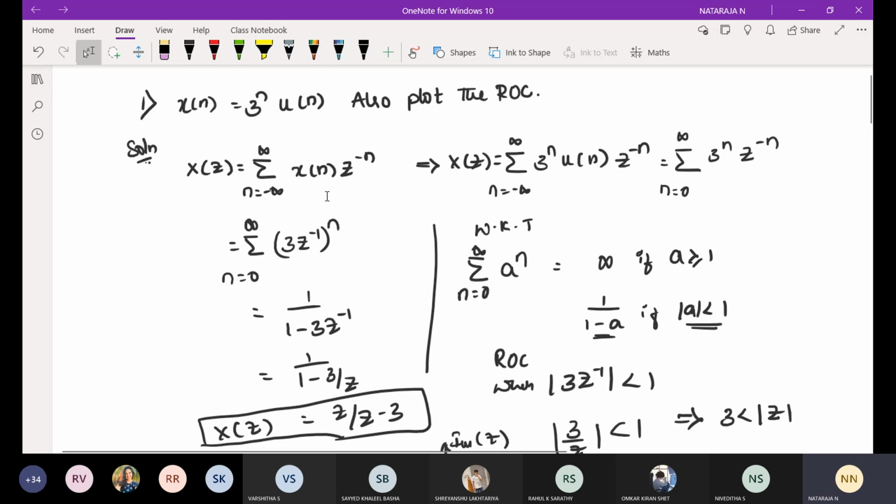Always you have to go with this to find the ROC. You have to take this value to find the ROC, because we are going to make use of this relation.